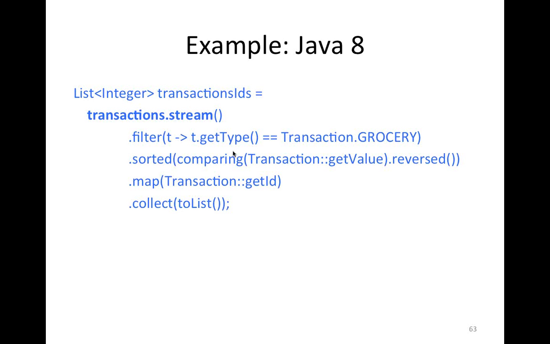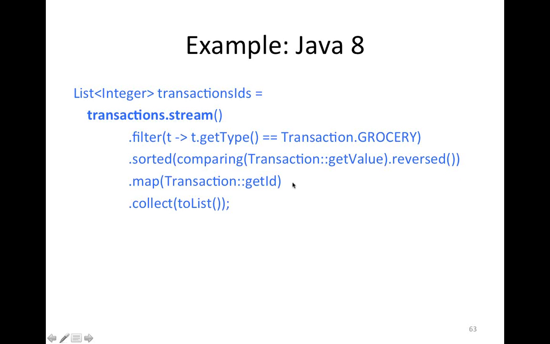Then sort them based on their value. Here you can see the comparing static method we saw earlier, and it takes a method reference, so compare them based on the value. And because a comparator object is returned, we can call the reverse method, which is a new method on the comparator interface.